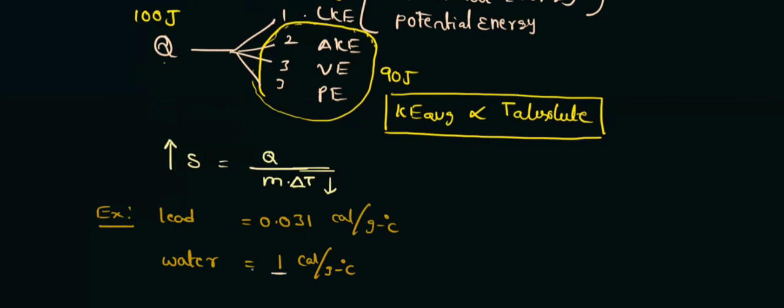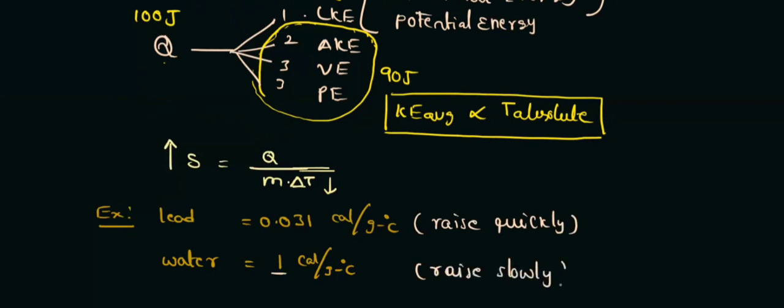Water has the value 1, it is more. Specific heat is more. That's why the rise will be very low. Whereas lead will have more rise of temperature, meaning a very quick rate with respect to time. Water's temperature rises very slowly. Are you getting it?